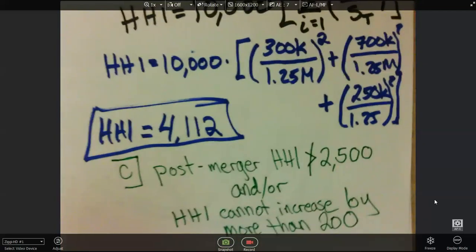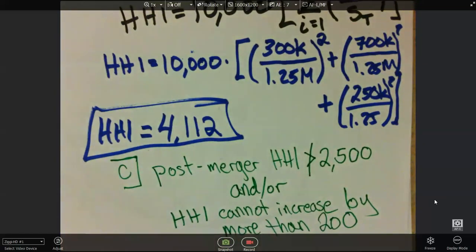So what happens to the HHI if we allow this merger to go through? It'll be more than 200, and it's going to be over the limit, right?